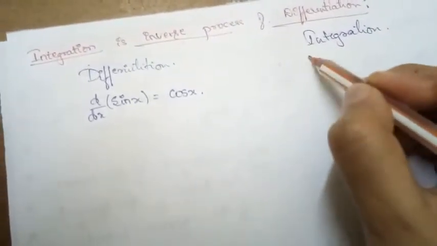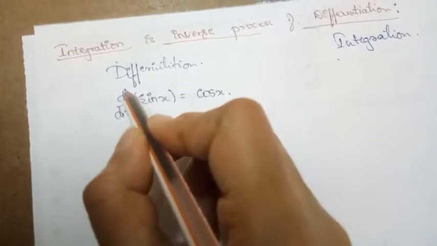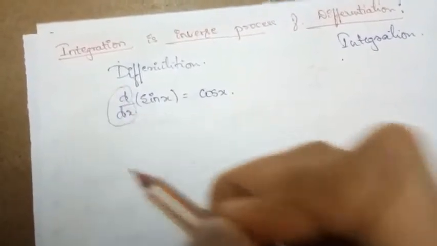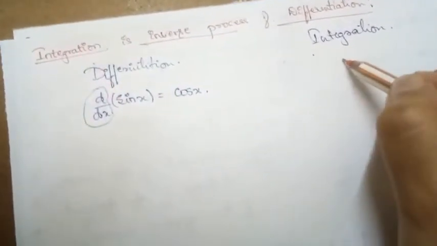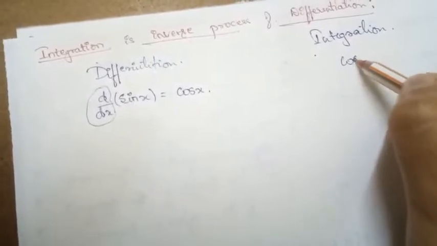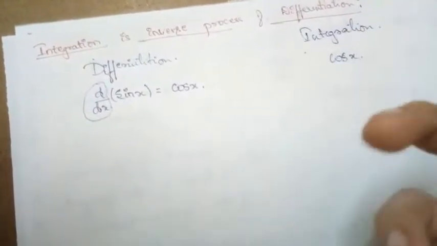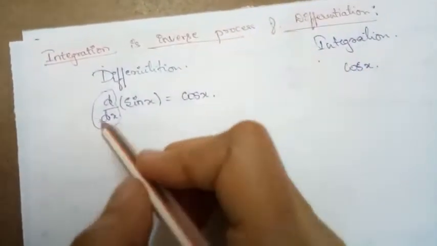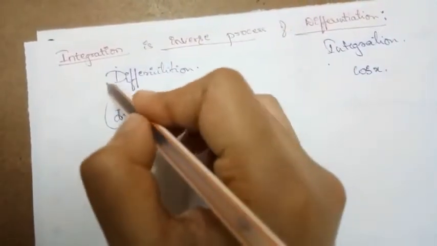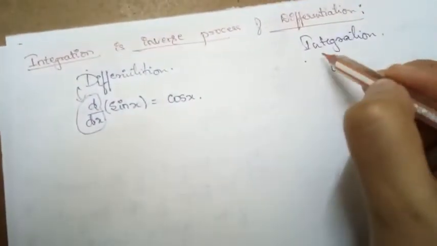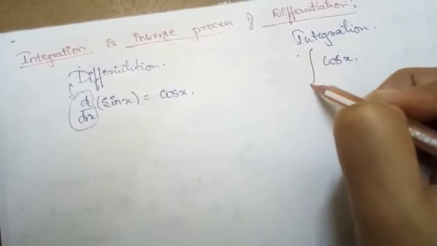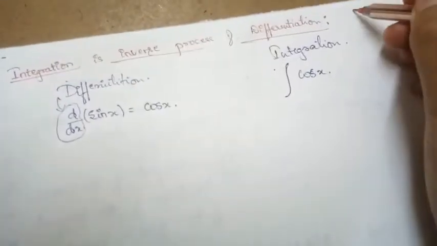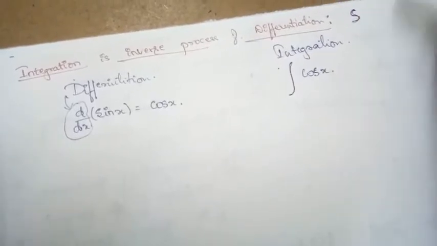In differentiation we represent it by d by dx. If I need to find the integration of cos x, for differentiation we have this representation, and for integration we have a representation like this, an extended version of the letter S. If we stretch this S, we get something in this manner.